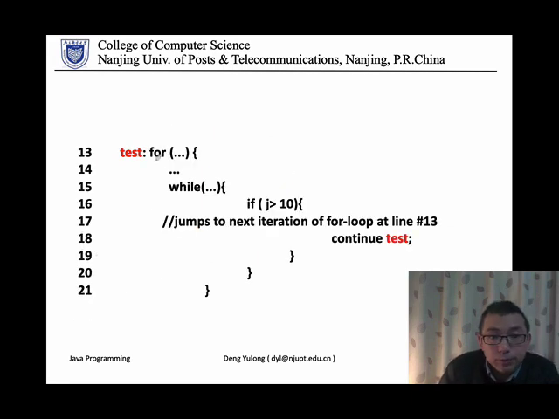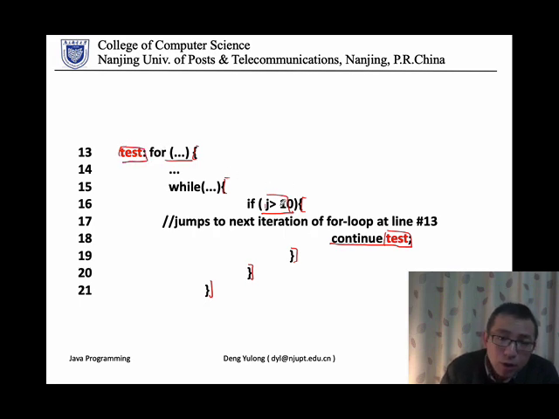And the next example: now we have a for loop, and inside the for loop body we have a while loop and if-else statements. Now we have an expression with j. If j is greater than 10, that's true, and we have the statement continue test. Test is a label, which we marked before the for.